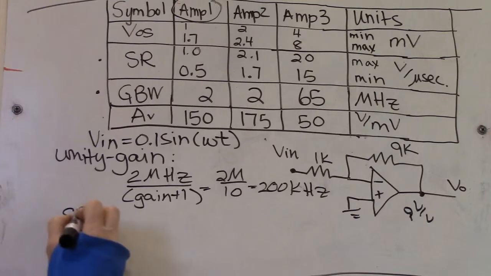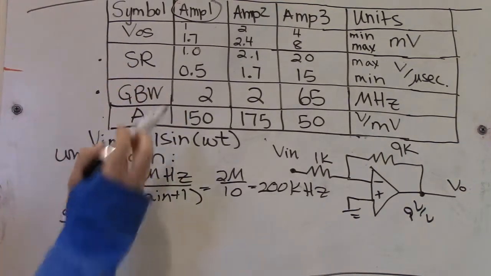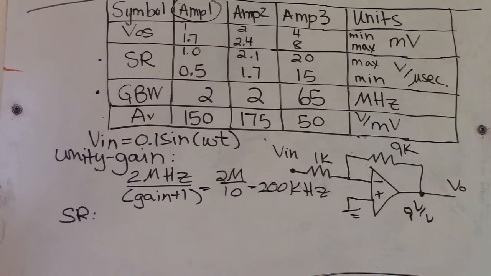For the slew rate, you need to choose which one is going to give you the worst case. The lower value is going to be the limiting one, because that means it's going to be a lower frequency and therefore limit the bandwidth of the amplifier configuration.